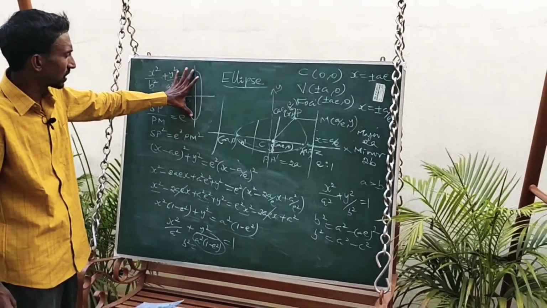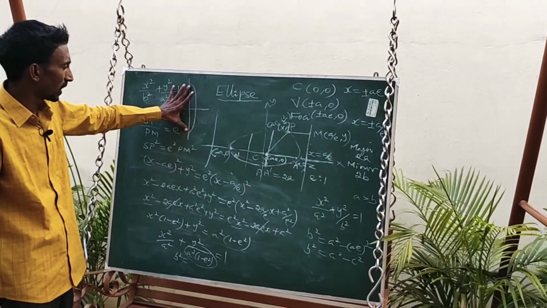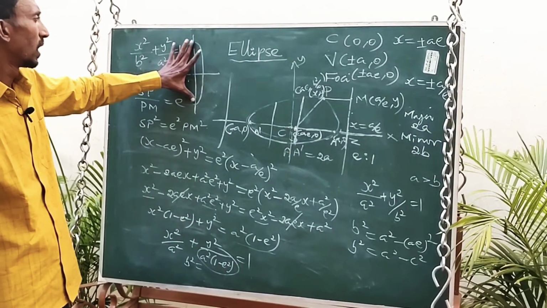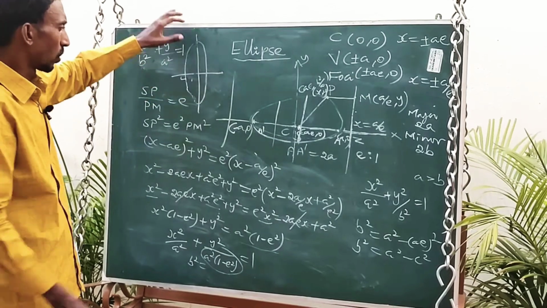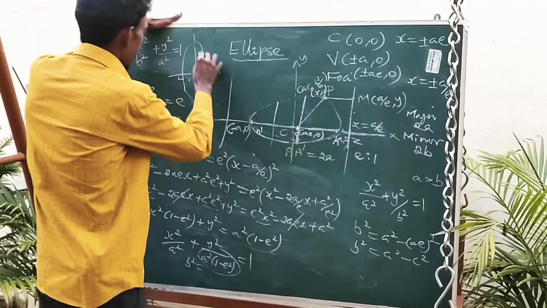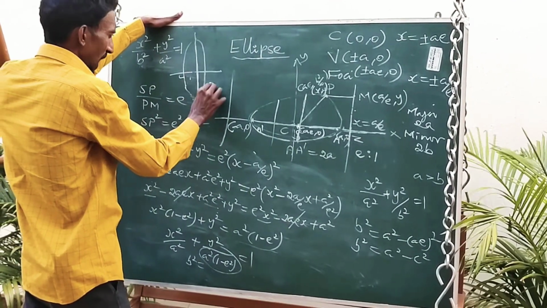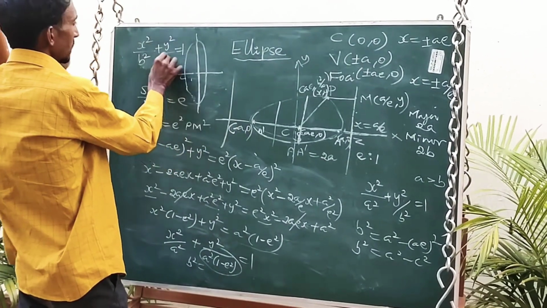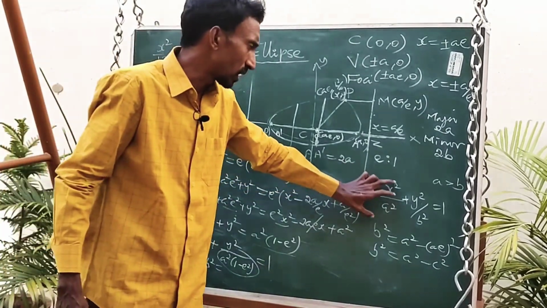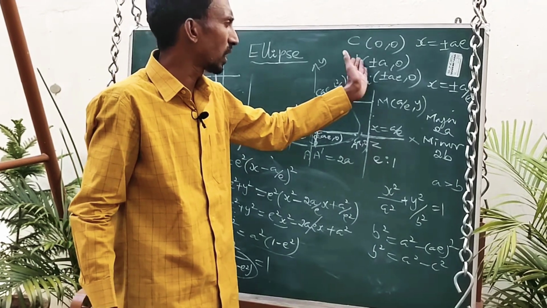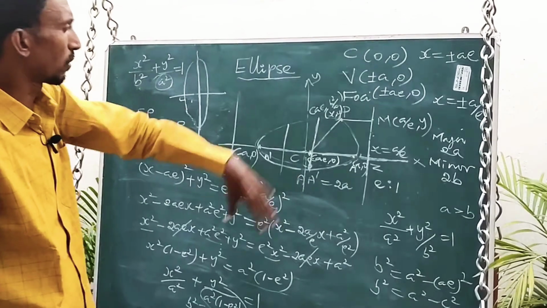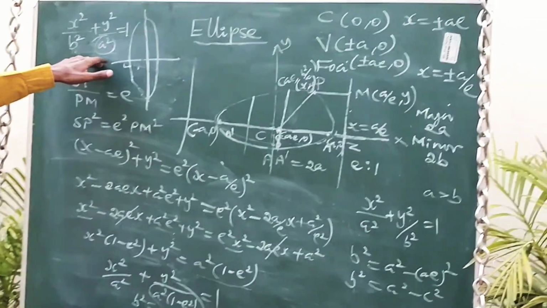Here the major axis is the y-axis, with equation x equal to 0. The length of the major axis is again 2a. No change, don't confuse this. Here the y-axis is the major axis, and its length is 2a because a square is the larger one. So if we know the first type, we can easily shift it to the y coordinate and replace x by y to get the major points for the second type of ellipse.